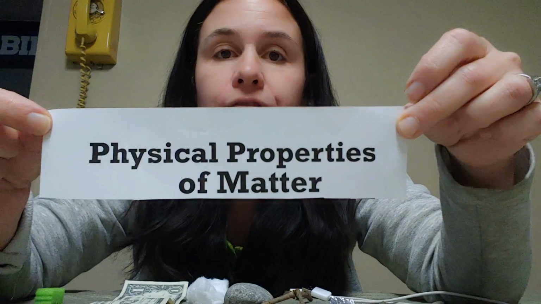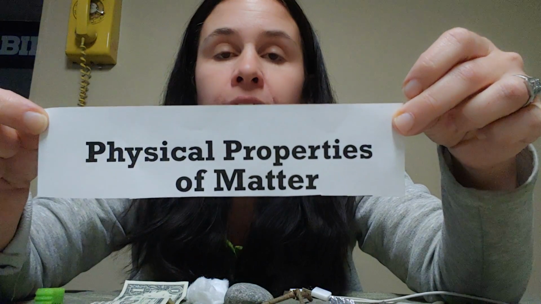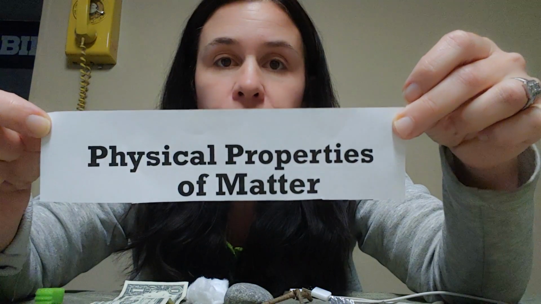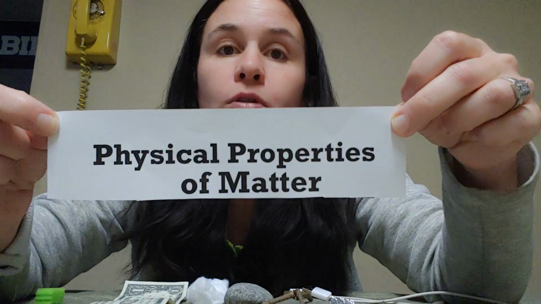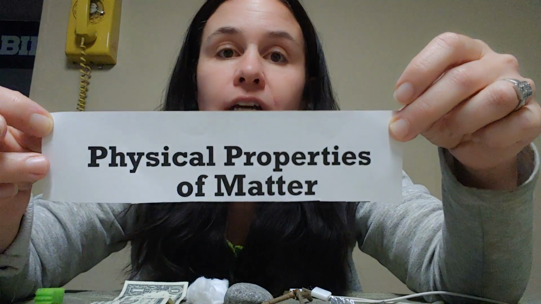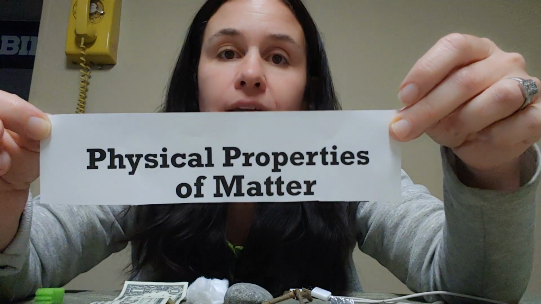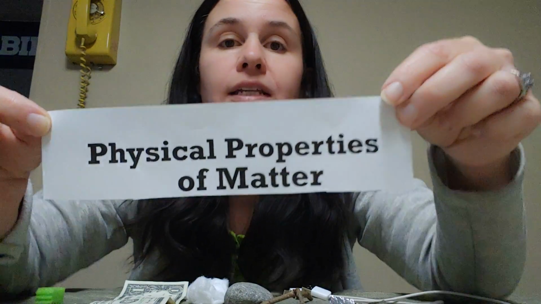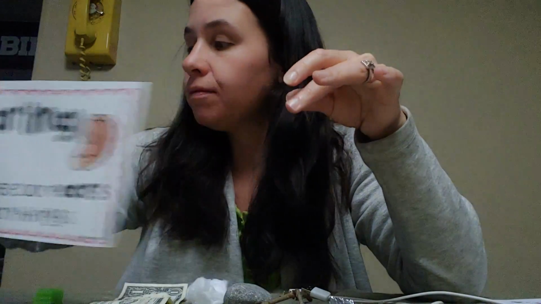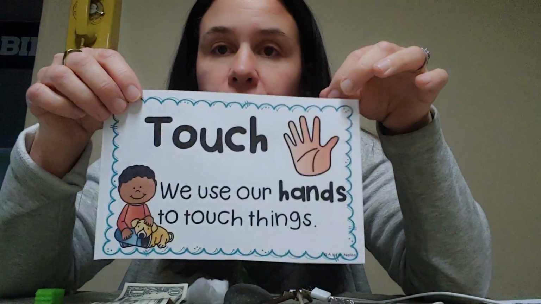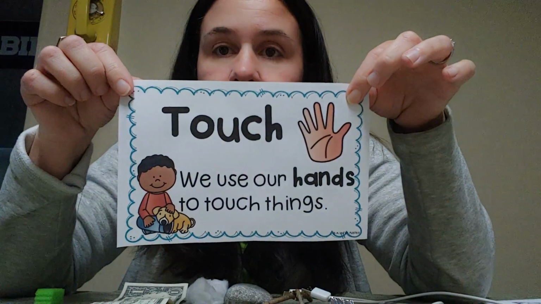When we talk about the physical properties of matter, that means we're going to be looking at things that we can observe. And we're going to use our 5 senses to observe the different types of solids that I have with me today. Okay, so the 5 senses. Here we go. We're going to use our hearing with our ears. We're going to be touching the objects. We're going to use our hands.